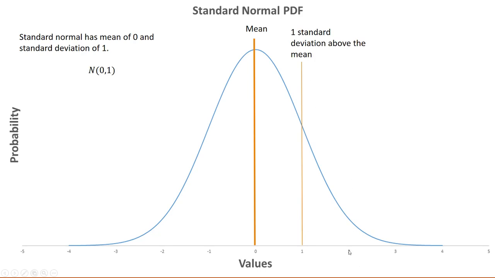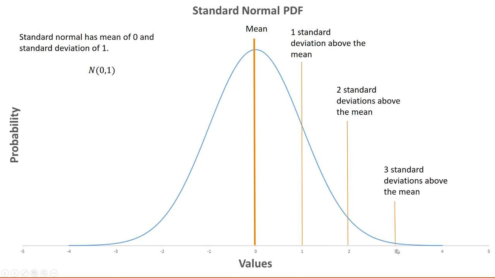Same here. The number 2 is 2 standard deviations above the mean. And again, the number 3 is 3 standard deviations above the mean. If I drew a number of 2.5, that would be 2.5 standard deviations above the mean. If I drew a number of negative 1, that would be 1 standard deviation below the mean.